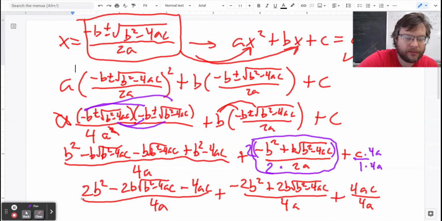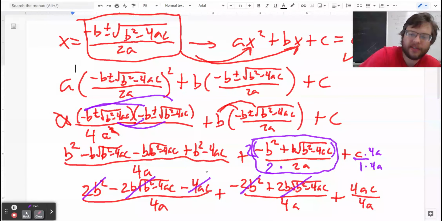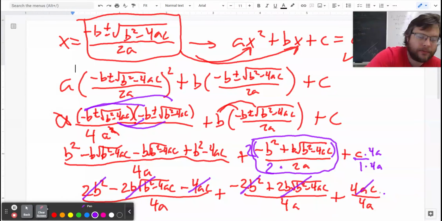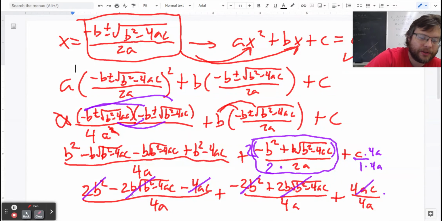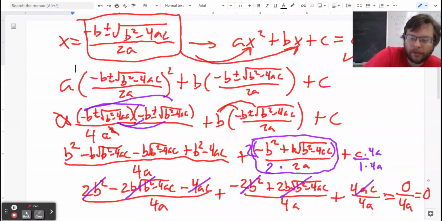I have a positive 2b squared here and a negative 2b squared here, and so those will equal 0. I have a negative 2b times the square root of b squared minus 4ac, and a positive 2b times the square root of b squared minus 4ac, so those will equal 0. I have a negative 4ac and a positive 4ac. So when you add up your fractions, you can add up all the tops because they have the same denominator, and you get 0 over 4a, which equals 0.